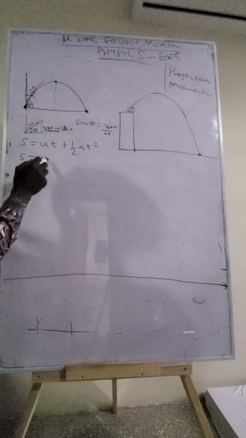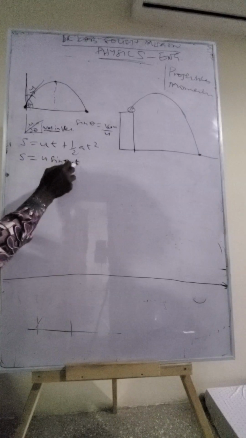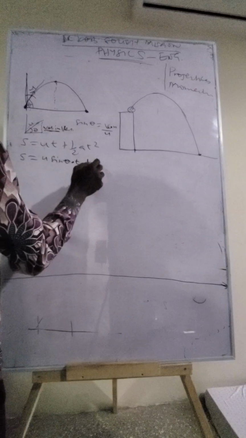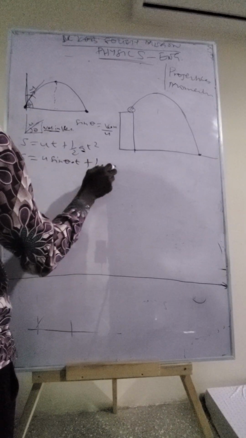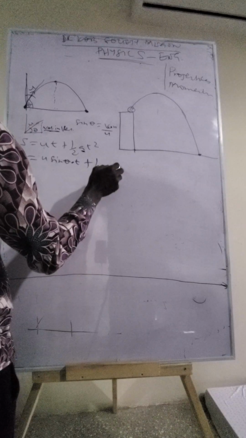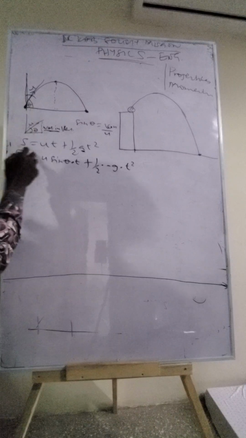So vertical velocity will become u sine theta, then we multiply by t plus half acceleration due to gravity. Because this is going up, acceleration due to gravity is going to be negative g, and then we will have our t squared. So this is the equation for this one.